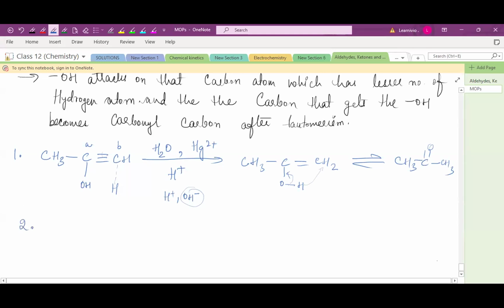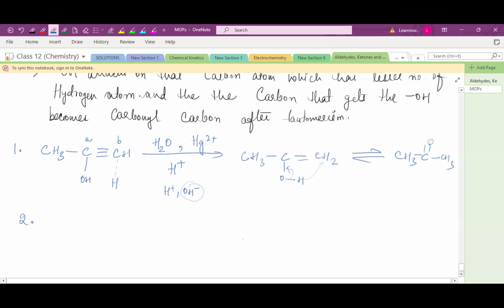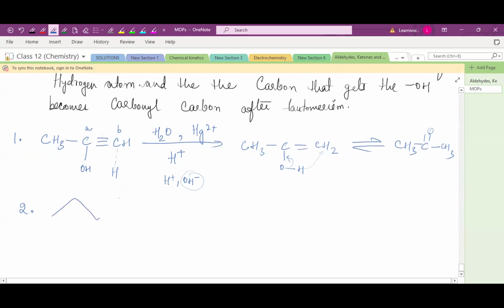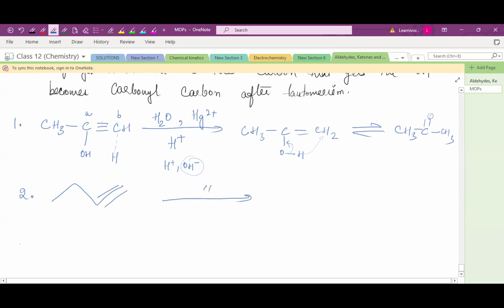Now do these questions quickly. The second question is this, using the same reagent. The third question is the same reagent.